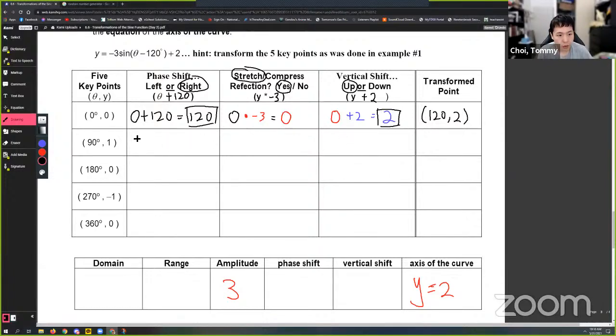Let's do that for the next one. 90 plus 120 is equal to 210. So that's going to be our x. If you want to just write that down right away, I highly suggest doing so. Then we have our y value of 1, and we're going to multiply it by negative 3, and that's going to give us negative 3.